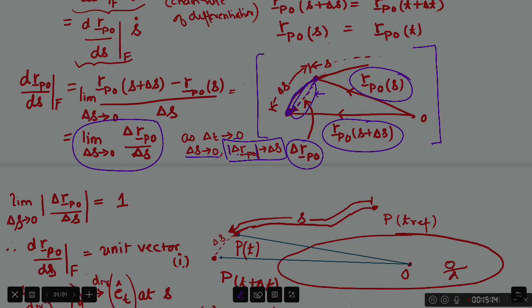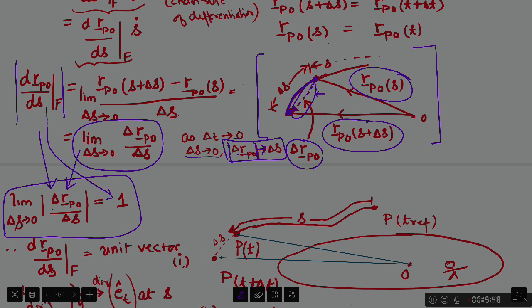Once we realize this, it is easy to conclude that the limiting value of the magnitude of this vector is going to be the magnitude of delta RPO by delta S, and since the magnitude of delta RPO itself goes to delta S, the overall conclusion is that the magnitude of this vector itself should go to unity.